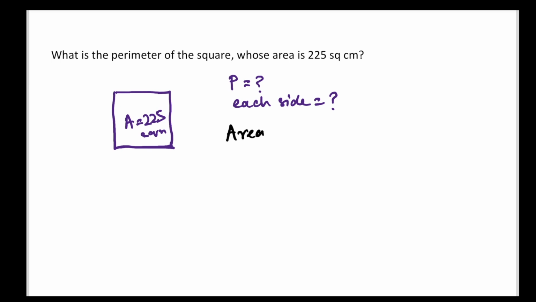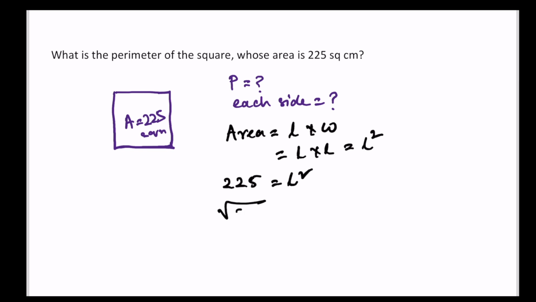Area is equal to length into width. Because it is a square, it is length into length, which is length squared. Here area is 225, which is the length squared. If we take the square root of both sides, we can find the length. Now think about how to find a square root. 15 into 15 is 225.